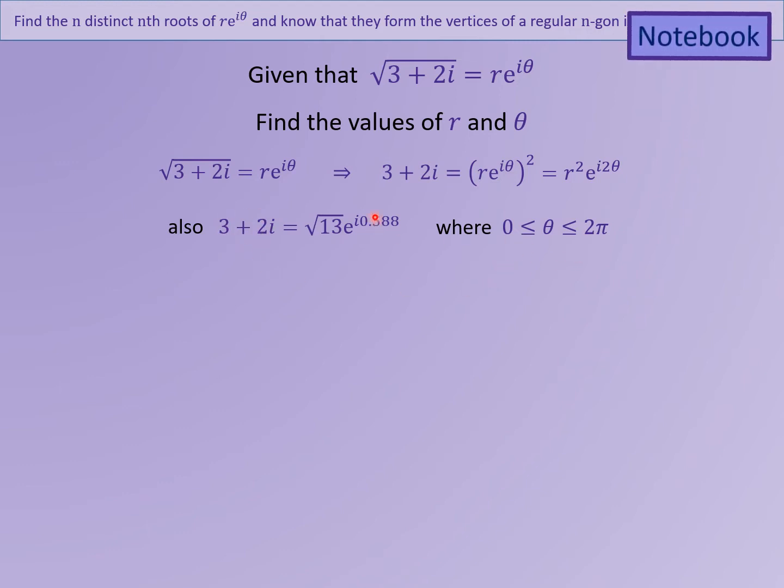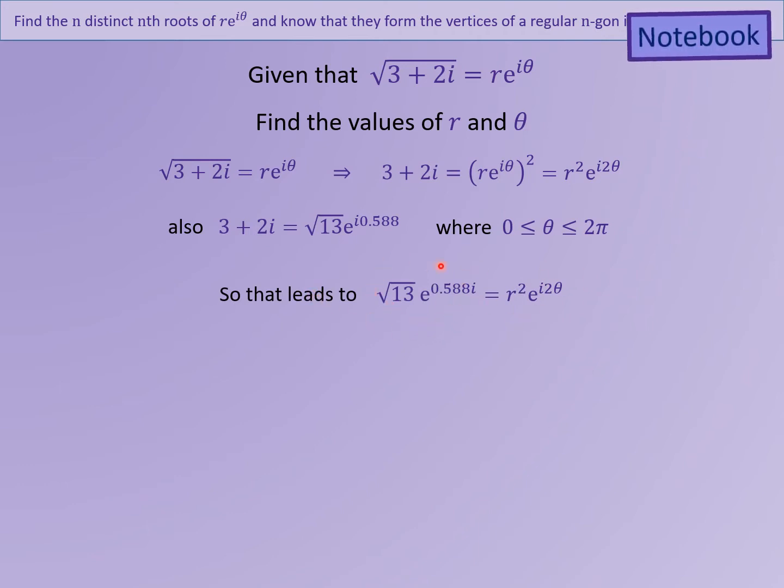So then I've got my value, and I also know that theta is between 0 and 2 pi. That's the range of values I'm looking for for theta. So that is as far as I've got so far. But what I can do now is exactly the same as the previous one. I can compare the two parts. So I put them together.